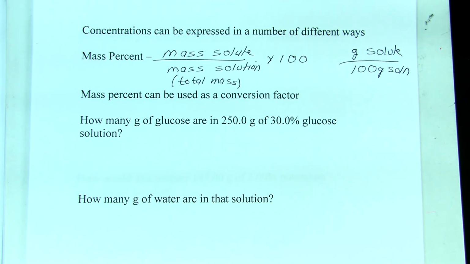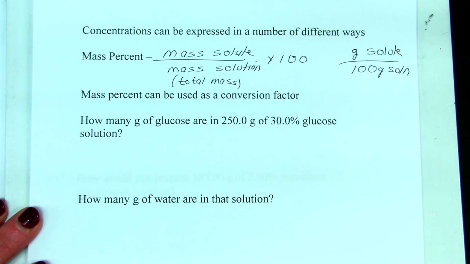How many grams of glucose are in 250 grams of a 30% glucose solution? Now, some of you might solve this by just saying, well, 30% is 0.3, and I'm going to multiply that by 250, and you'd get the right answer, because that's the kind of percentage math you've done before. But I'm going to show you a systematic way to do it in chemistry where you can then do it in a much longer fence post if that is what we need.